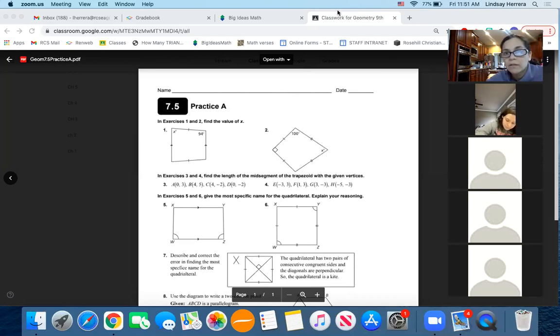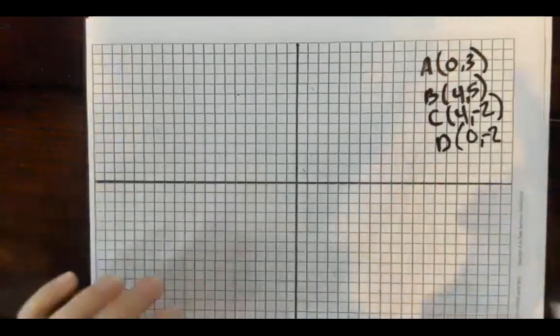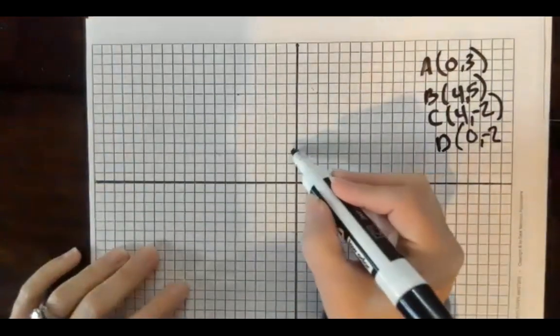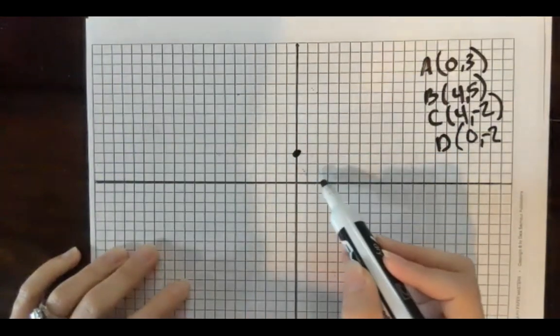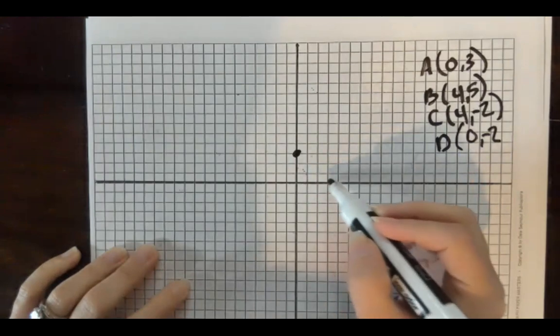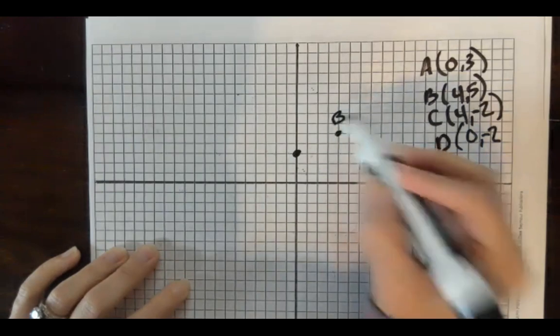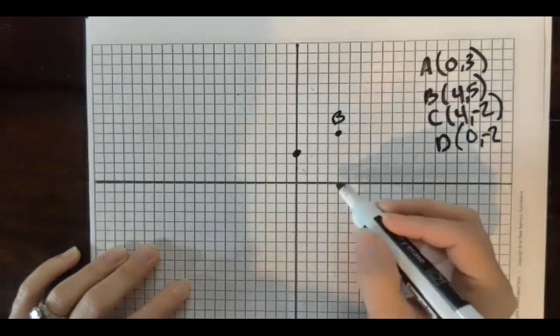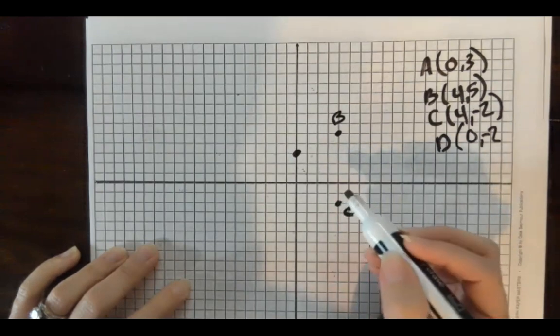Okay, so let's plot these. So A is 0, 3. B is 4, 5. C is 4, -2. And D is 0, -2.